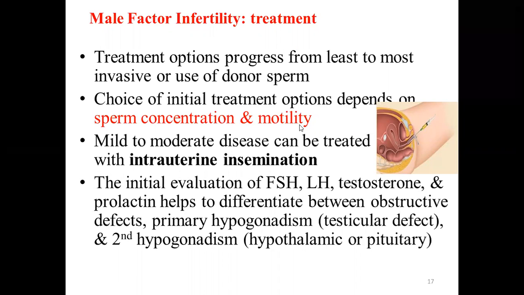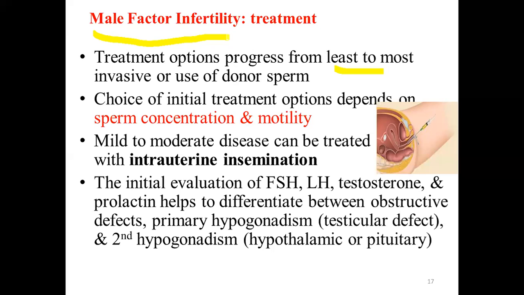The treatment options usually progress from the least invasive to the most invasive, or use of donor sperm. Most of the time, treatment of infertility starts from the least invasive and cheaper management, then moves to the most invasive and most expensive one.